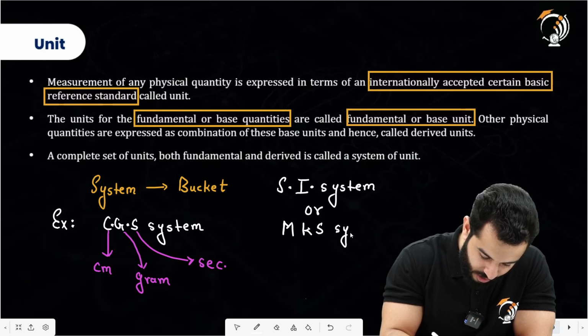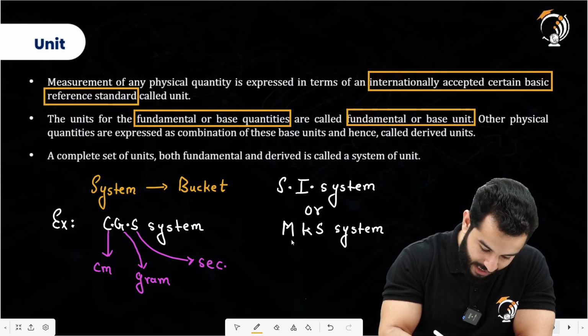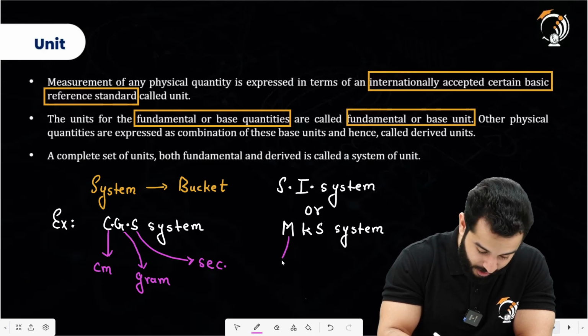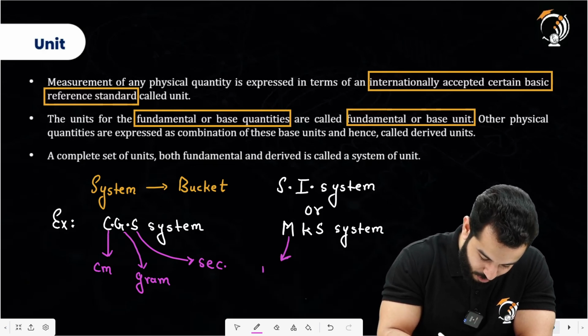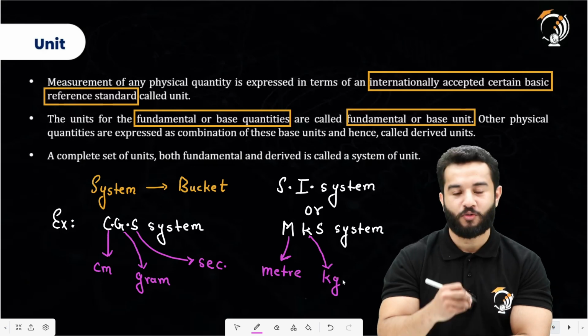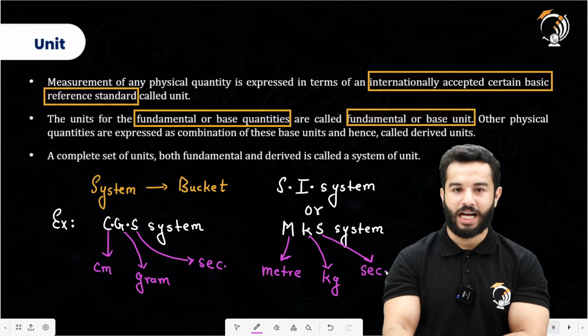In it, M measures length, which is in meter. K is for kilogram, which is for mass. And for second, we don't have any variation, so second is used for time.